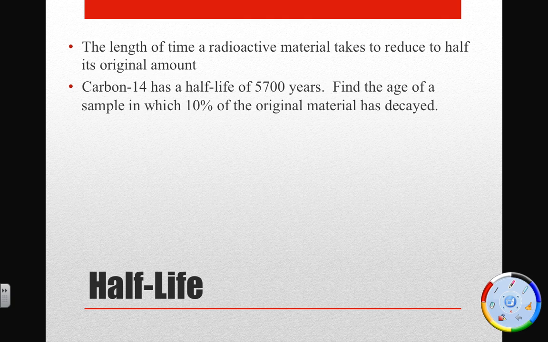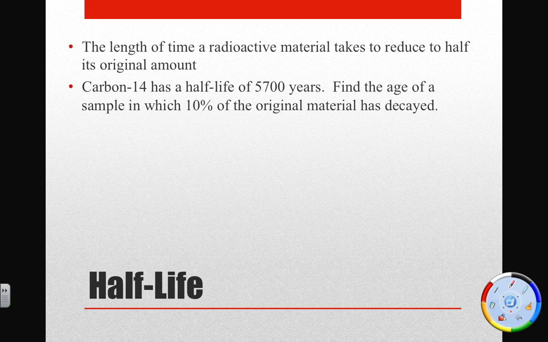The half-life is 5,700 years. If you had 1,000 pounds, it will take 5,700 years to get to 500 pounds. So it reduces by half every 5,700 years. The question we're going to ask is, we want to find the age of the sample in which 10% of the original material has decayed.